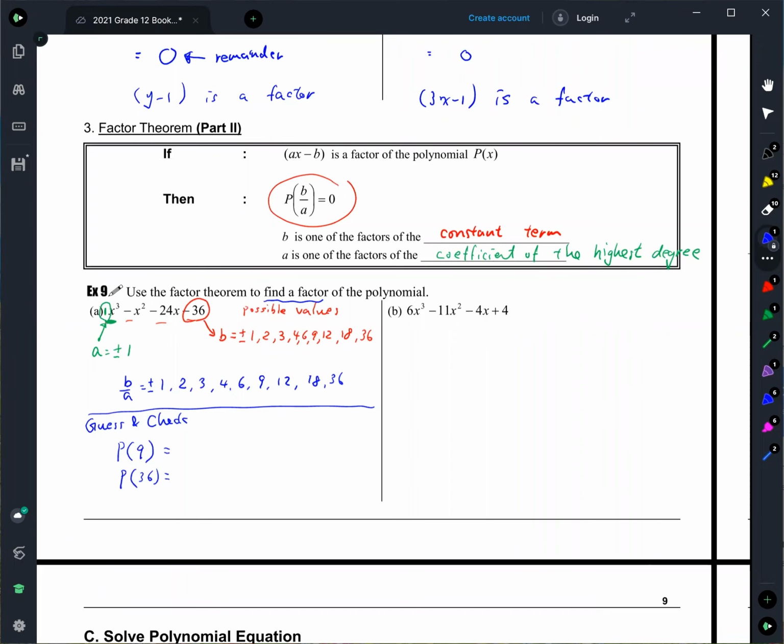You need to plug into the x to find the remainder. Evan, you can pick a number. 6. Then you can plug in the 6.